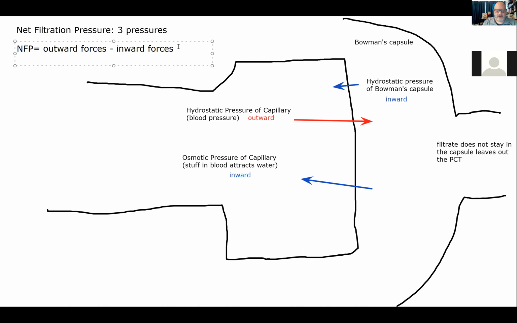So in this case, our net filtration pressure would equal the hydrostatic pressure of the capillary minus the 2 inward forces, the osmotic pressure of the capillary plus the hydrostatic pressure of Bowman's capsule. If we could plug and chug those numbers, we would then be able to calculate what the net filtration pressure is. So let's take a look at this.